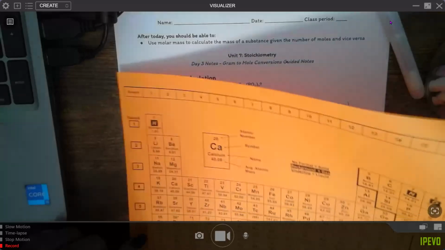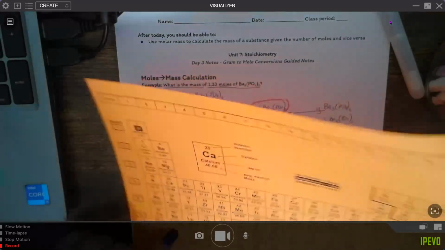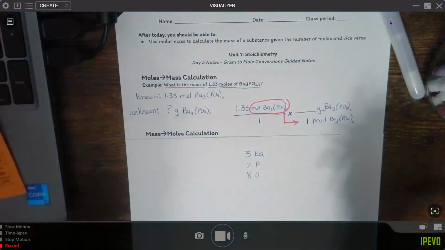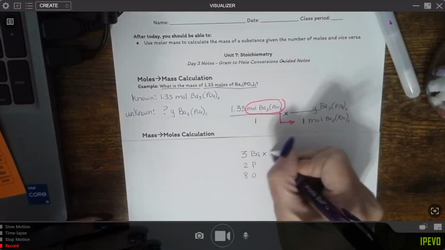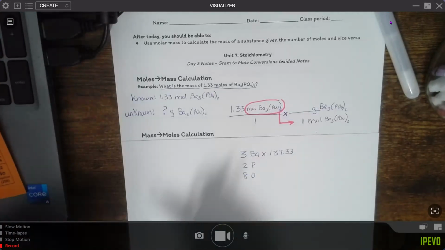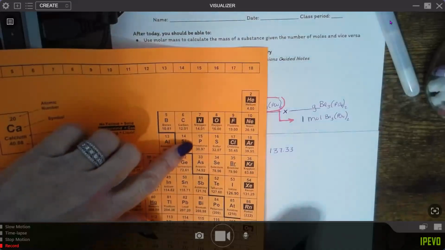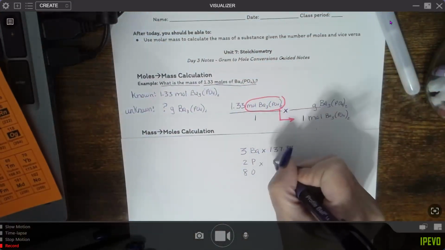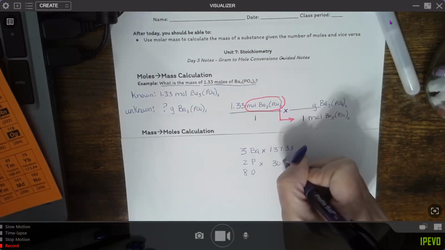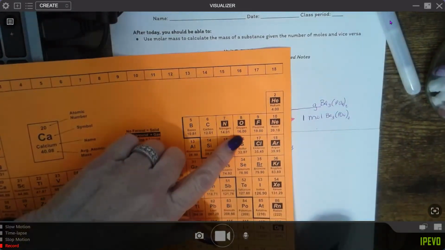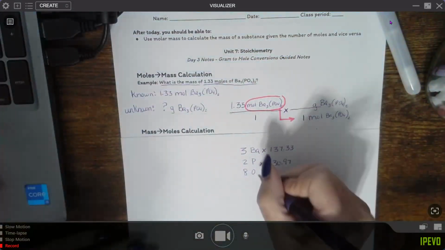The molar mass of barium is 137.33, so we're going to have 3 times 137.33. Phosphorus is 30.97, so 2 times 30.97. And oxygen is 16, so 8 times 16.